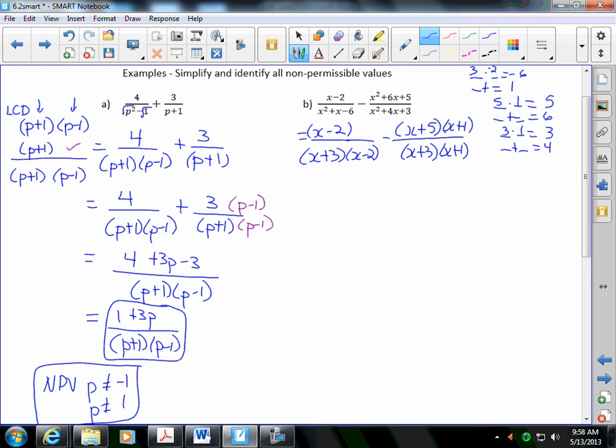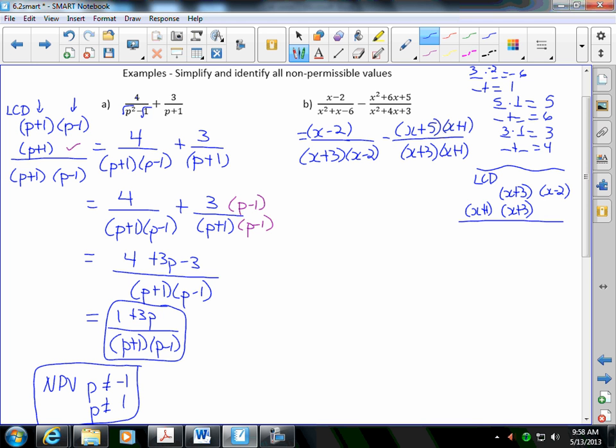So this is now where I go to my lowest common denominator. I make my little chart. My first denominator had an x plus 3 and an x minus 2. My second one had an x plus 3 and x plus 1. So I have to put that in its own spot.